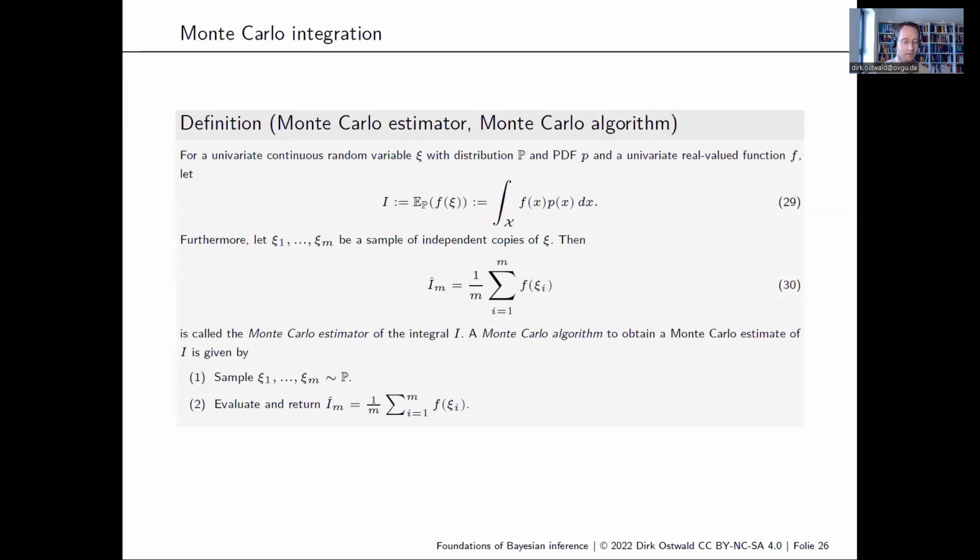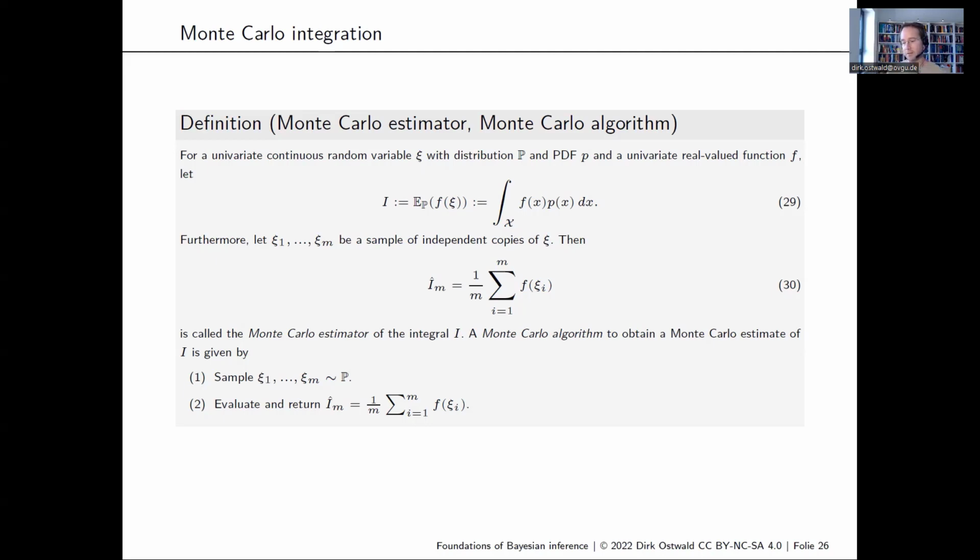Now, the next crucial step is to realize that expected values of random variables are integrals. So we start with not an expected value here, but with an integral that we rewrite as an expected value.